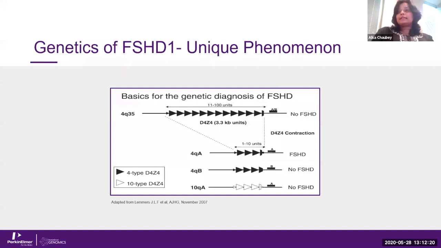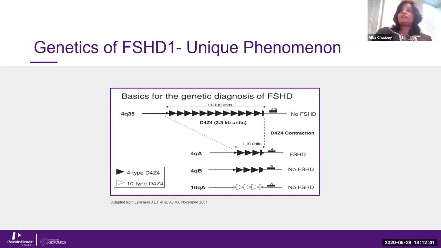This happens because this array cluster actually contracts. If you have between 1 to 10 units, so from 11 to 100, the reduction goes to 1 to 10, and in the presence of the A polymorphism is when FSHD will actually manifest.